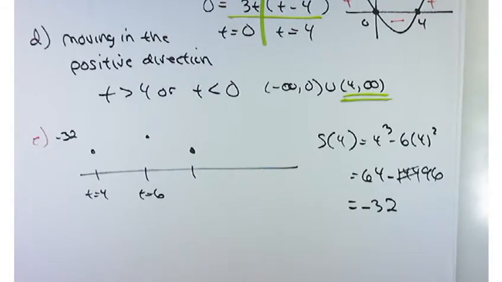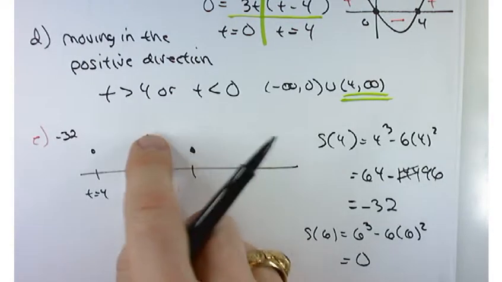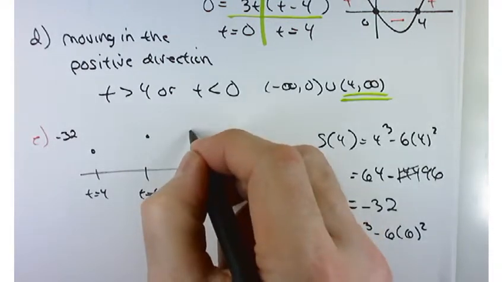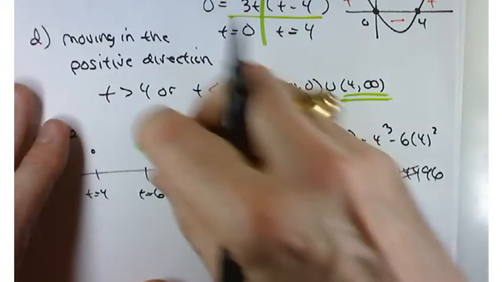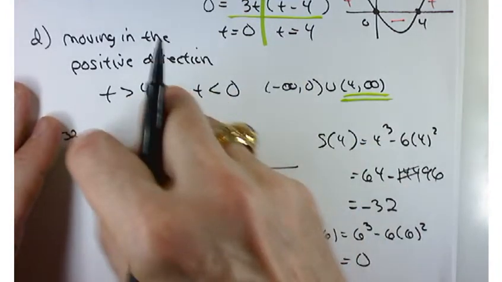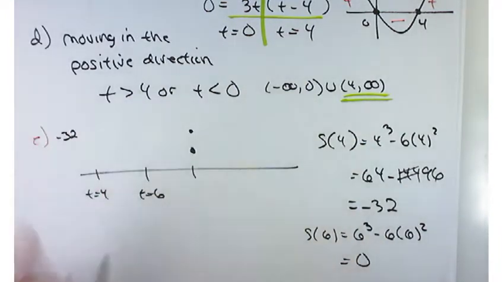You plug it in. So at s of 6, we get 6 cubed minus 6 times 6 squared. And guess what? That's 0. So actually, I probably shouldn't draw that there. I should probably draw it here. Okay, so you're gone, and gone there.